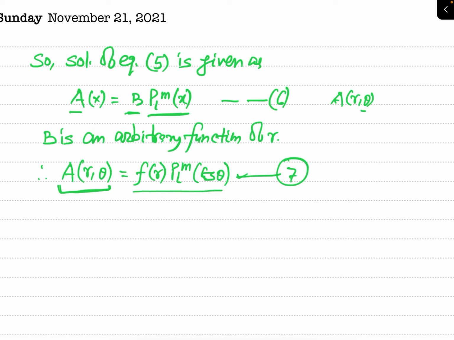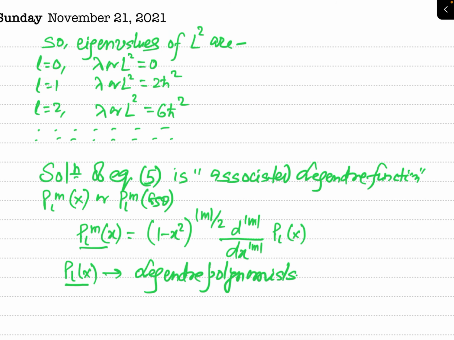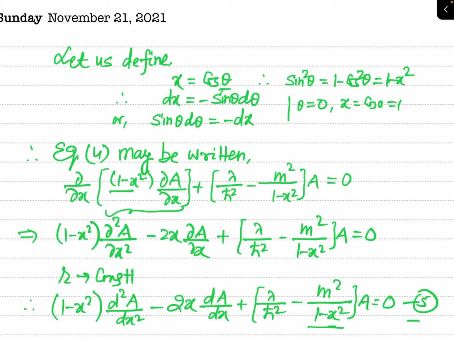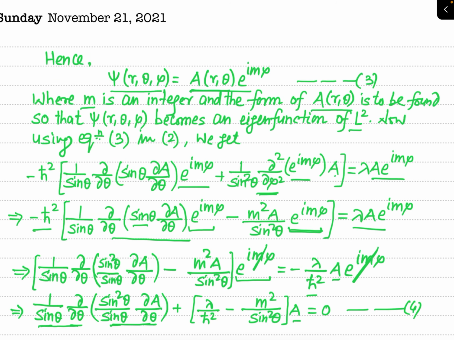When you substitute this form of a of r, theta in the expression for the eigenfunction of Lz, you will actually get the eigenfunction for the operator L square. The eigenfunction for the operator Lz was defined in equation 3: psi of r, theta, phi is equal to a of r, theta times e to the power i m phi.